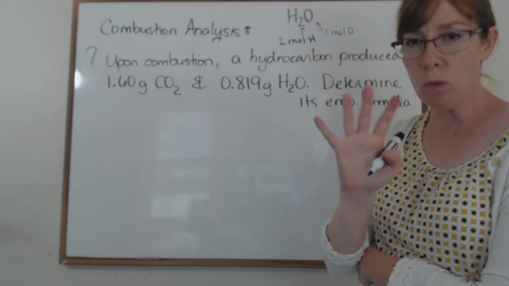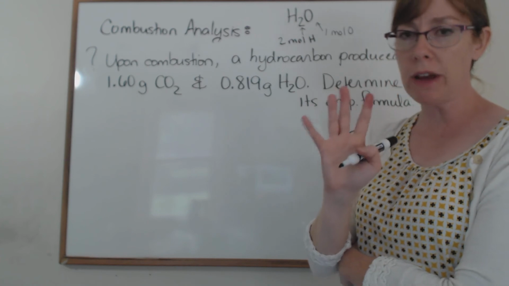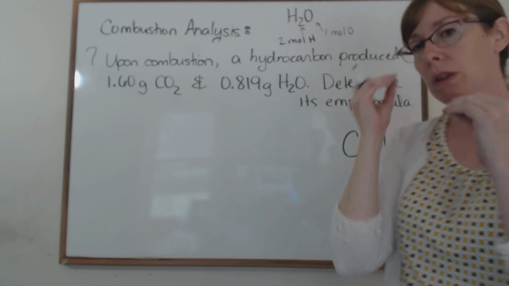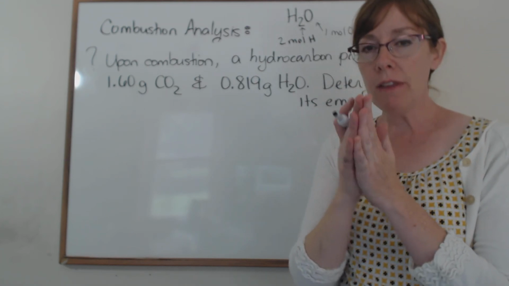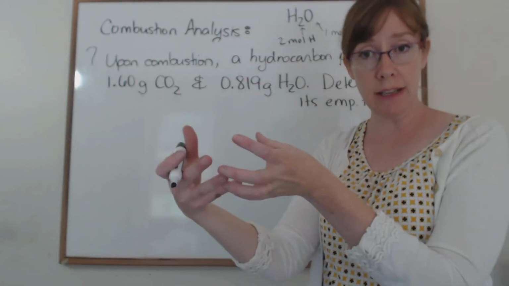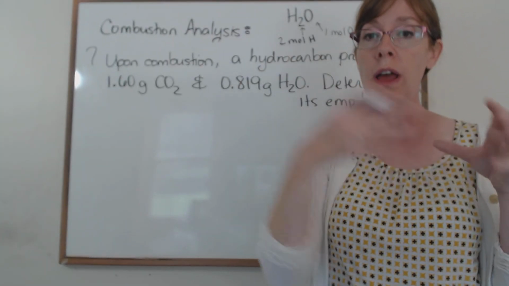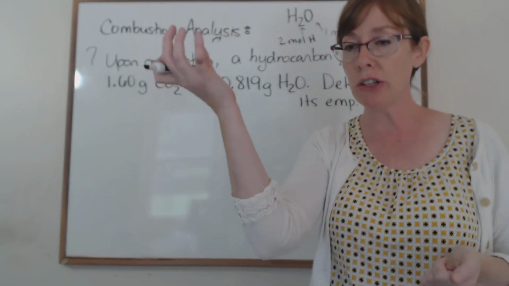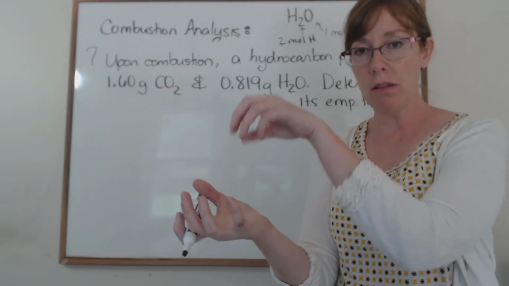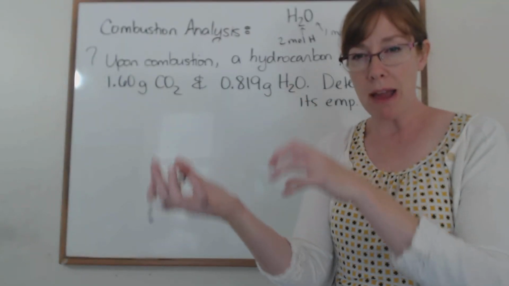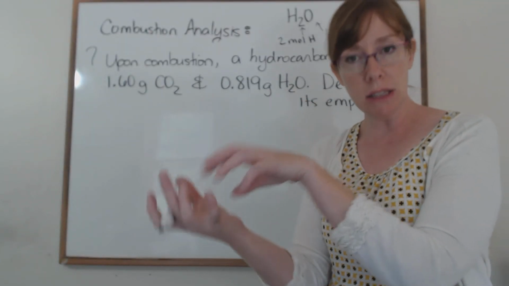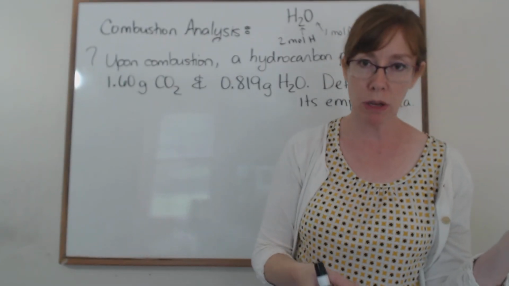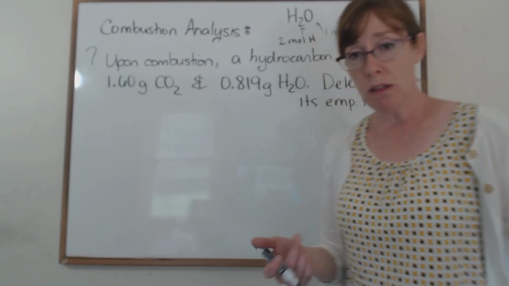Now that might feel weird because we don't use the term mole in regular life, but remember, if you can say it with the word dozen, you can say it with the word mole. Conceptually, the word dozen and mole are the same thing. You're talking about a grouping of large numbers of things by a multiplier. Dozen is 12 of something. Mole is 6.022 times 10 to the 23rd of something.